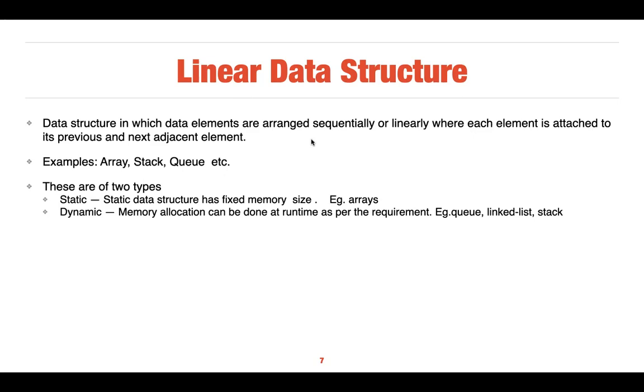Like if we provide the size 15, we have declared an array of integers having 15 size. We have to declare it at the start of our program, so that 15 size will be fixed throughout the program. The computer will not release the memory and it will not increase the memory.